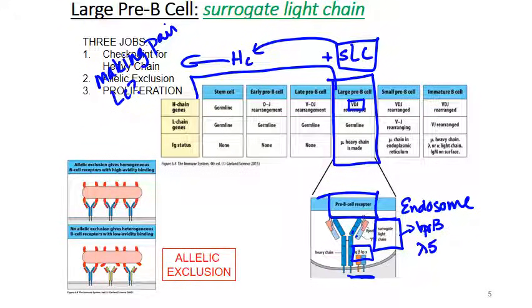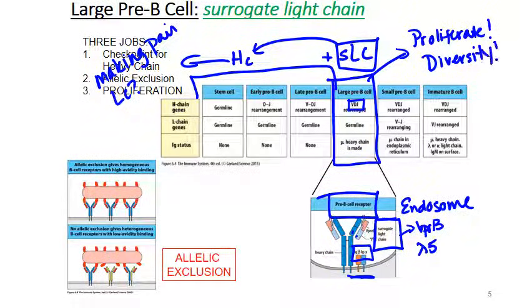Now, when this pre-B cell receptor gets signaled, because like I said, it's functional, this large pre-B cell is going to proliferate massively. And this is going to significantly increase our diversity. And the reason is that we only made one chain.